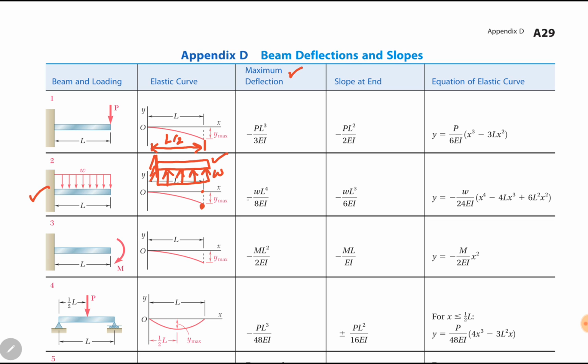This negative sign will be positive, this negative sign will be positive. Secondly, in the table, length of the beam is L. For our case it is L by 2, so we will simply put L equal to L by 2 in this case, and in this case to find yC.